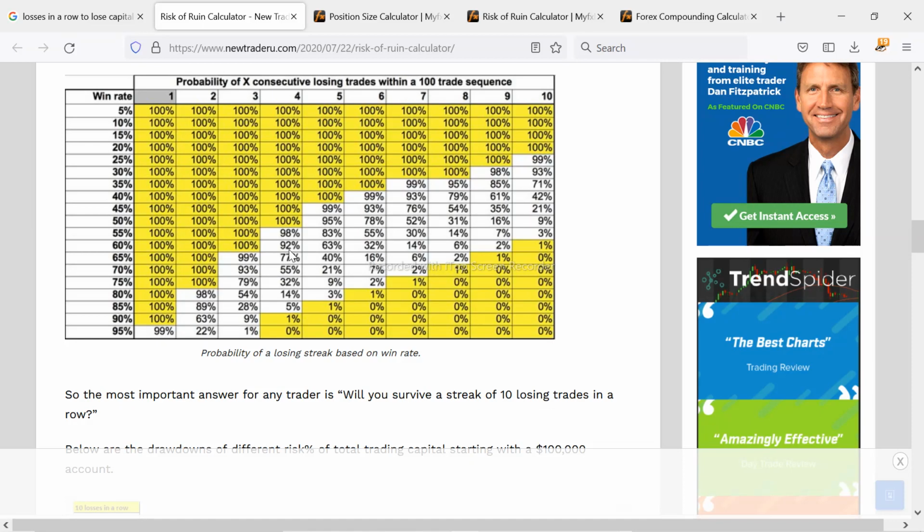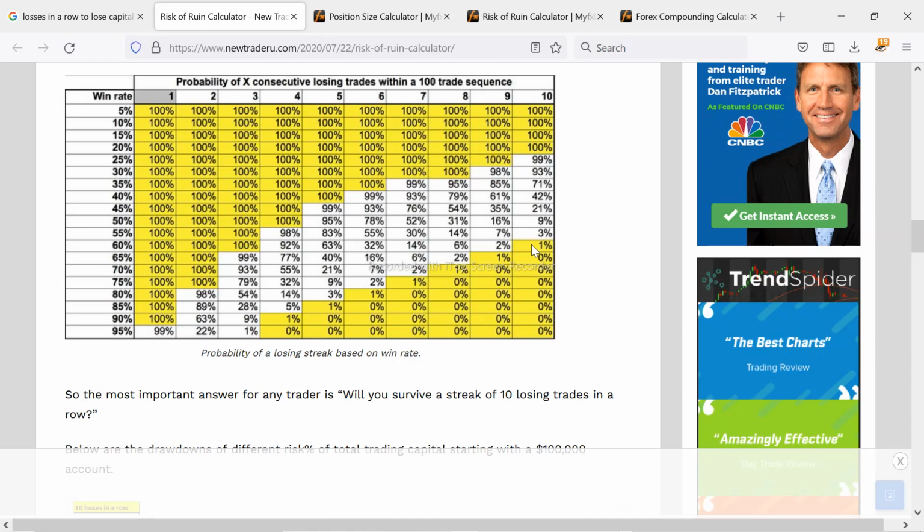For four, there's a 92% chance that you're gonna have four losses in a row within those 100 trades. 63% chance of five losses in a row. 32% chance of six losses in a row. 7% chance of 14 losses in a row, and so on, all the way down to nine and ten losses in a row, which within those 100 trades is basically non-existent. 2%, 1%, that's basically non-existent.